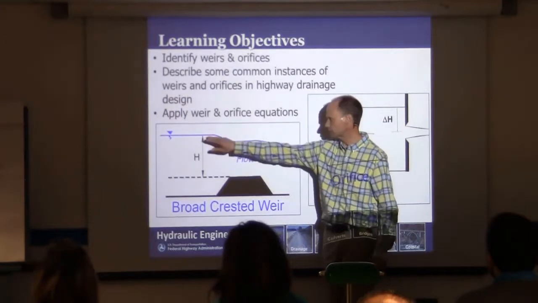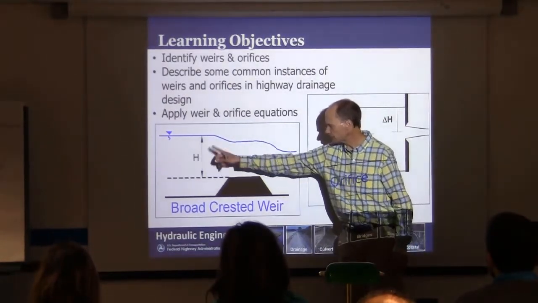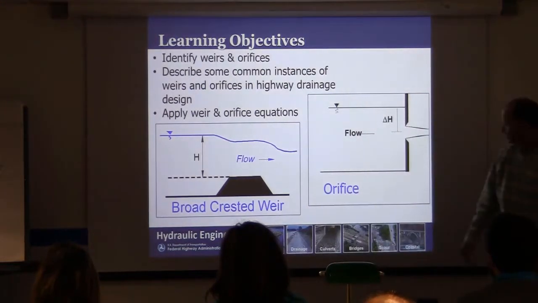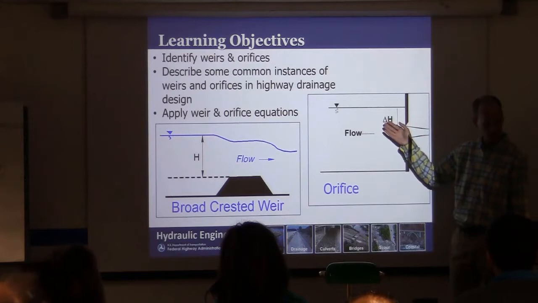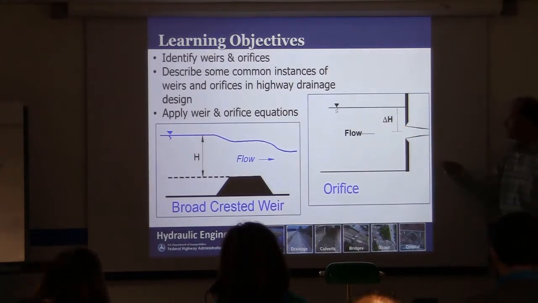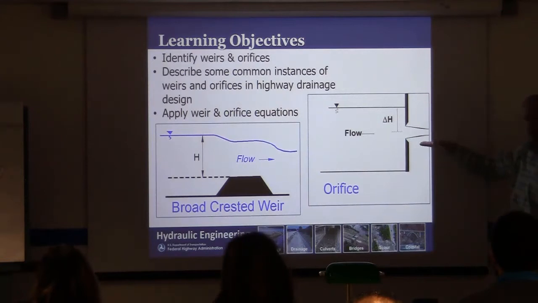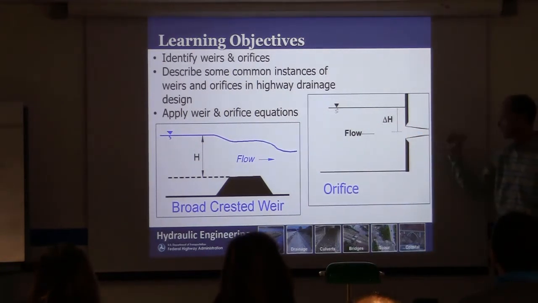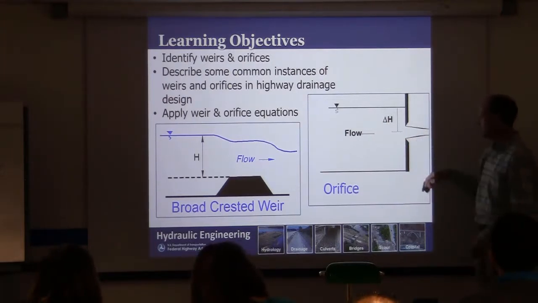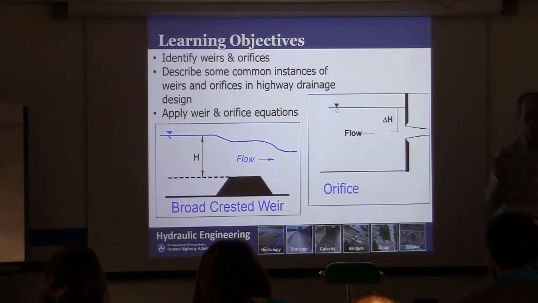So the head on the broad-crested weir is measured from the water surface to the top of the weir right here, and that's capital H. We also have a head with an orifice, and that could be one of two values. If the orifice is not submerged, which means there's a free jet on the downstream side shooting out, then the head is measured from the water surface to the center of area of your orifice.